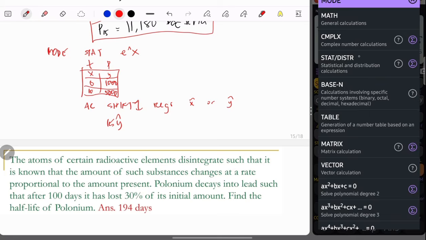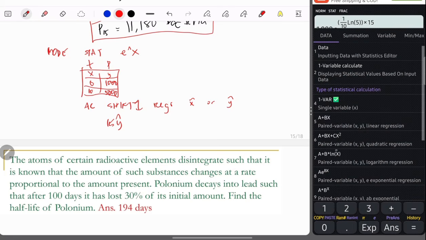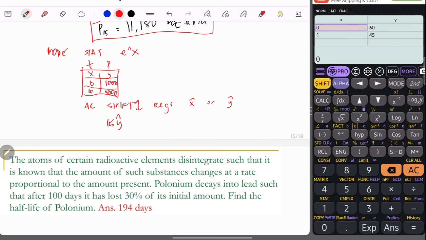So mode, stat, A to the BX, so 0. Next 10 hours, 1,000, 5,000.